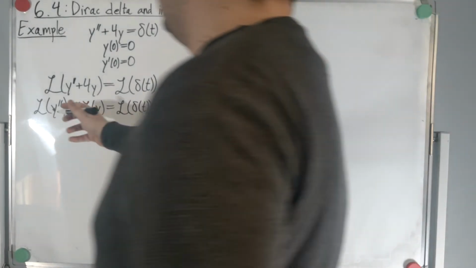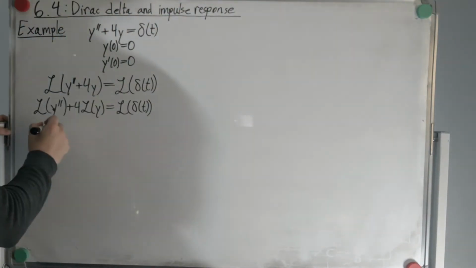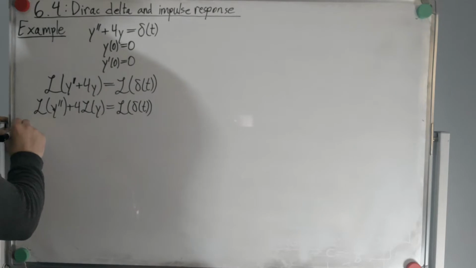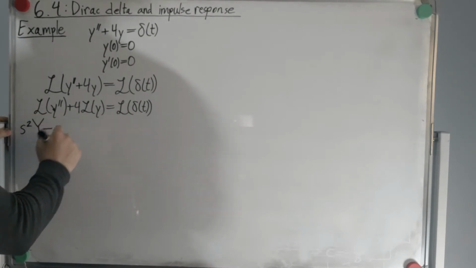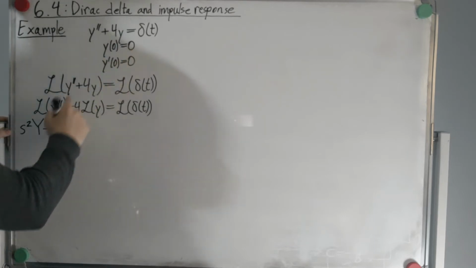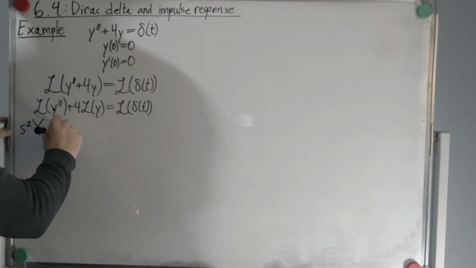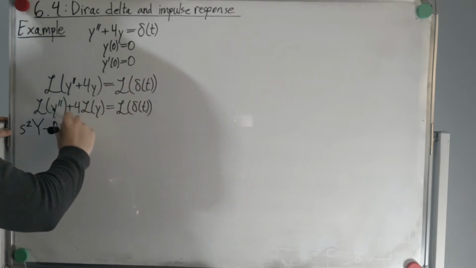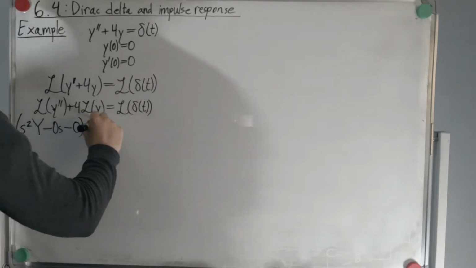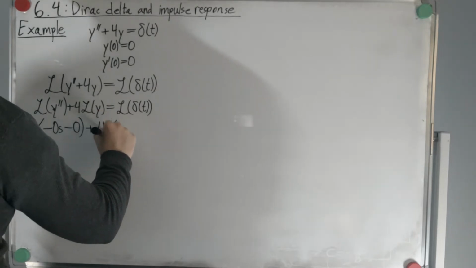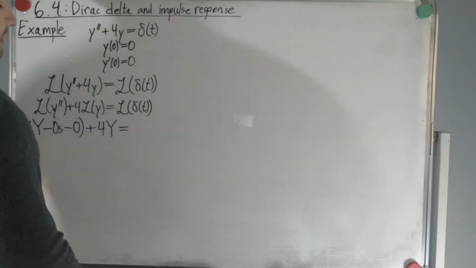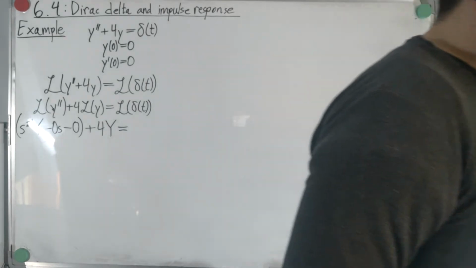The Laplace transform of y'', as we saw in the last lecture, is s squared times the Laplace transform of y, minus 0 times s, minus 0. Then add to this 4 times the Laplace transform of y. This equals the Laplace transform of delta of t.